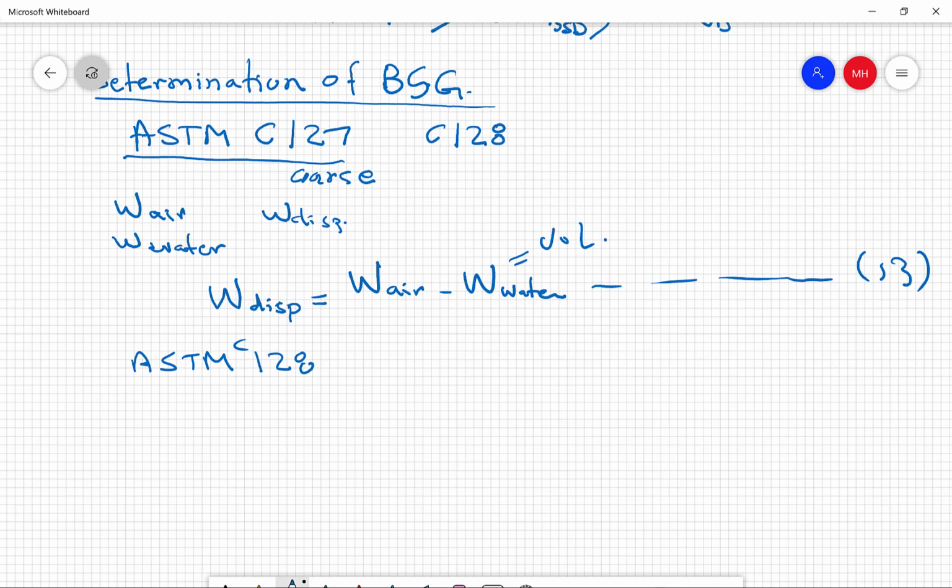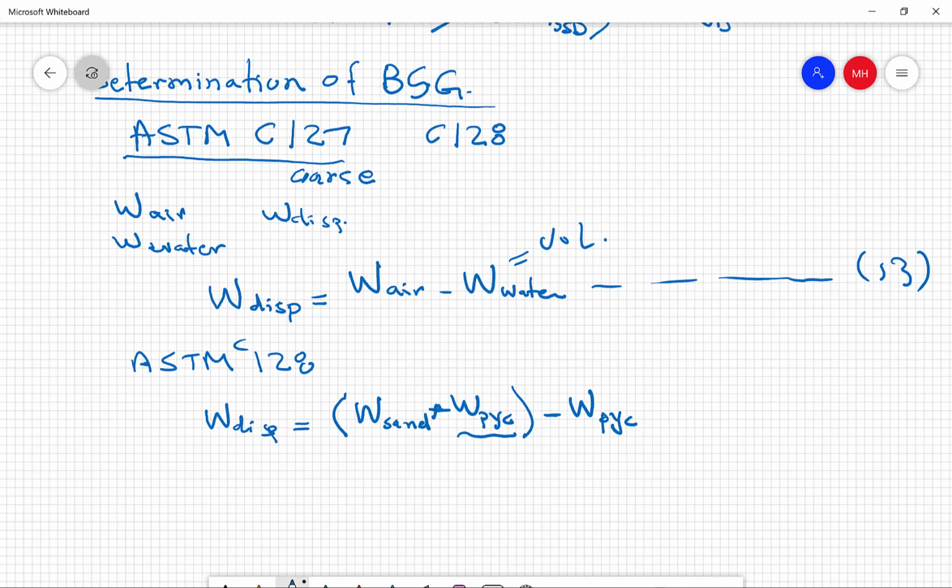So the relevant equation can be written as follows: the weight of water displaced equals the weight of sand plus the weight of the pycnometer, remember this, minus the weight of the pycnometer.